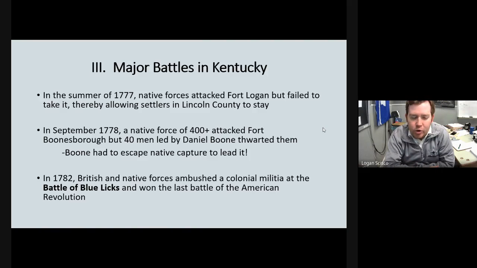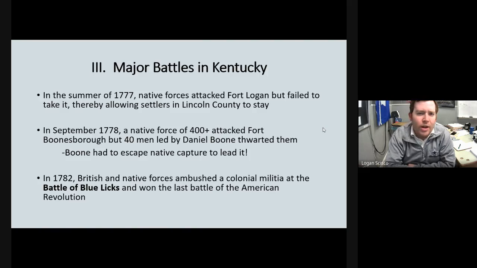They started to get closer to the British and the natives when Daniel Boone warned the American commander not to force the issue too much, that if they went into the forests, then the British and the natives could ambush them. And the commander did not listen to Daniel Boone, and basically Daniel Boone and others were ambushed and attacked from behind by the British and the native forces.